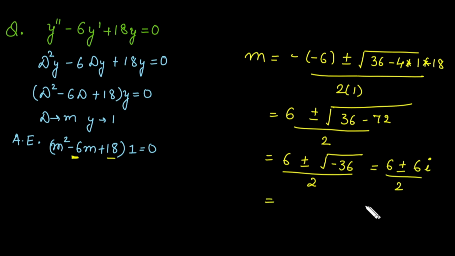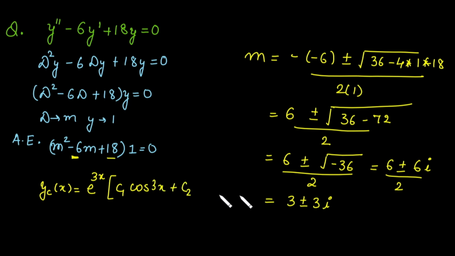So this is equal to 3 plus minus 3 iota. Now the solution in this case is y(x) is equal to e raised to power real part is 3 into x, first constant, cos of imaginary part, that is 3 into x, plus c2 sine of imaginary part, that is 3 into x, and that is the final answer in this case.